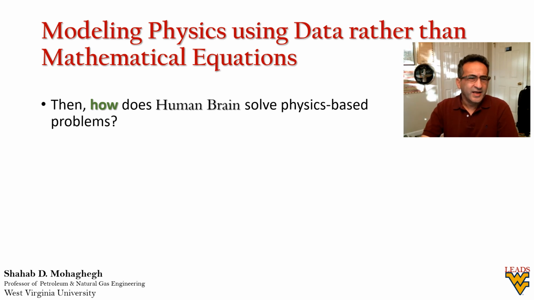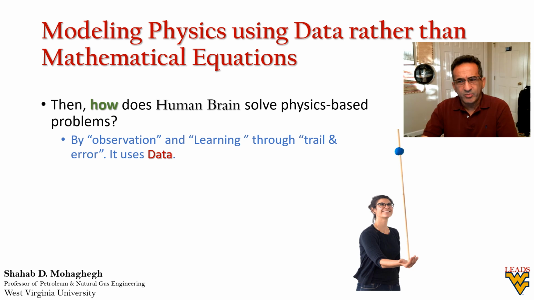If that's not the case, then how does the human brain solve physics-based problems such as that? This is an example. It's a very complex physical phenomenon, but even kids can do it in a very quick way, balancing the stick on their hand or even their fingers.